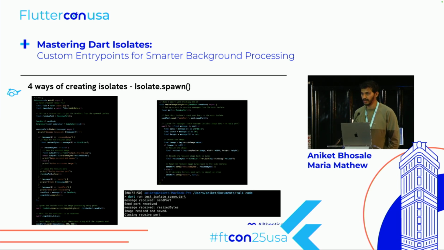A way to work around that would be to use it in the same code base by calling Isolate.spawn. Now, because both those isolates share the same source code, they share the same objects, they share the same symbols, they do reference each other, and you can send objects of the custom data classes that you have.